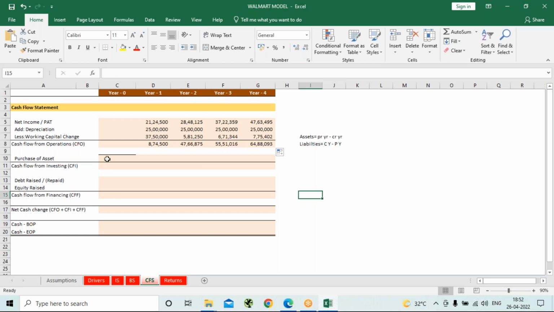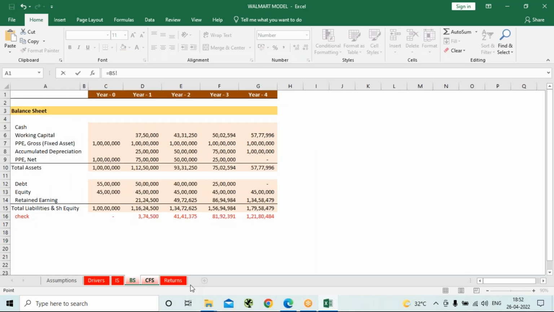Next, the purchase of asset value. This has been connected again from the balance sheet. So equals to balance sheet, the PPE fixed asset value.